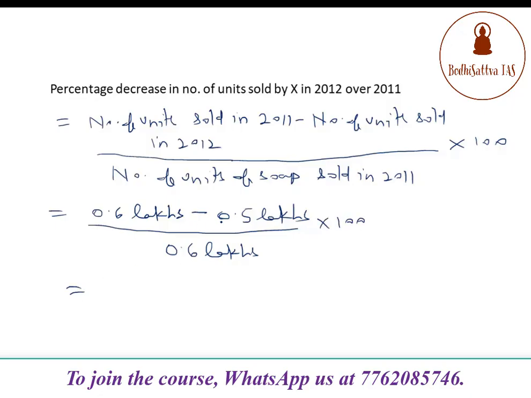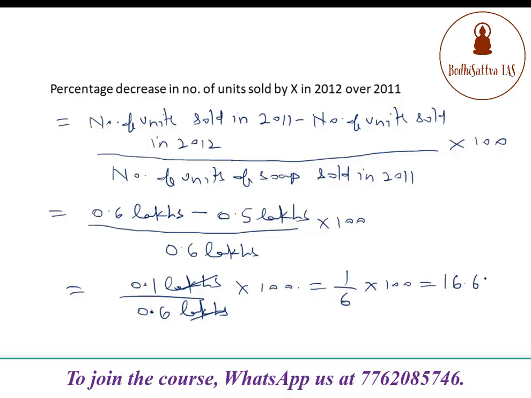So 0.6 minus 0.5 is 0.1 lakhs, divided by 0.6 lakhs times 100. We can cancel the lakhs, and with one digit after the decimal, it will be 1 over 6 times 100, that is 16.66%. So the sales in 2012 decreased 16.66% in comparison to the year 2011.